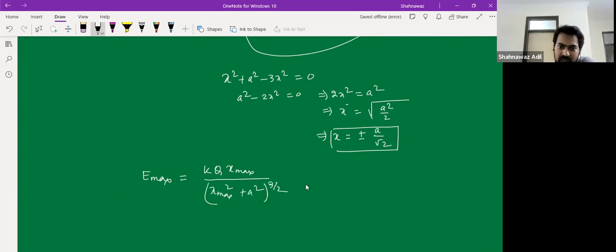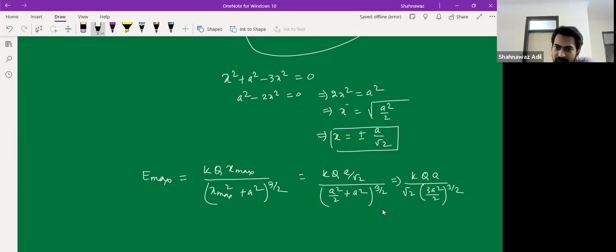Right, guys? So this would be KQ a by root 2, and then a square by 2 plus a square, and then to the power 3 by 2. So this would be KQ a by root 2, and then 3a square by 2 to the power 3 by 2.